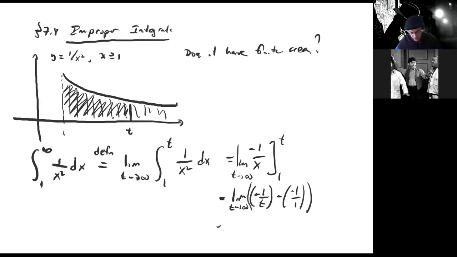And lo and behold, the term involving t goes to 0 in this case. So the first term goes away, and if you do the little arithmetic, you're going to get 1. So that means the area under this curve is 1. That's really what that's saying. So the answer is 1 in this case.